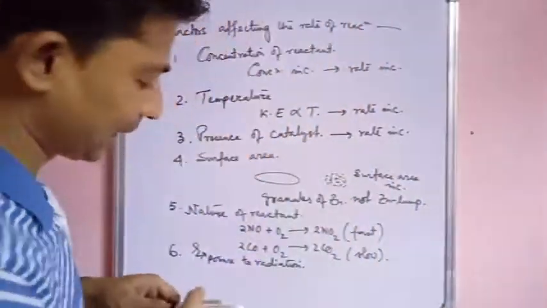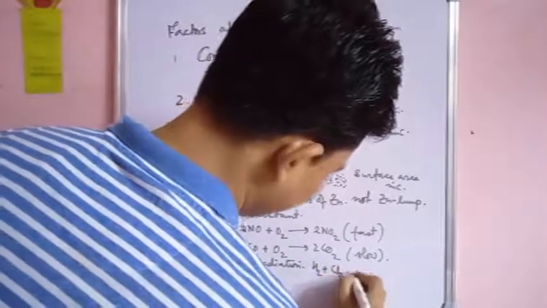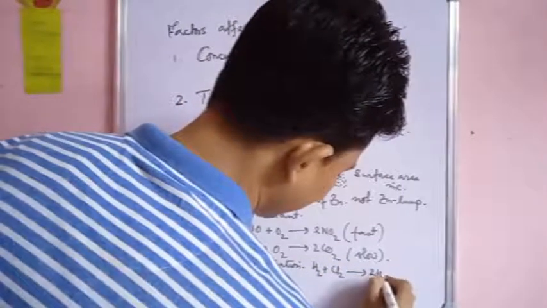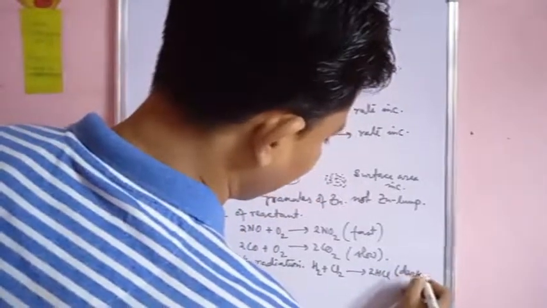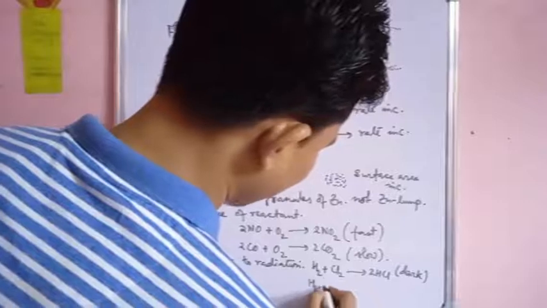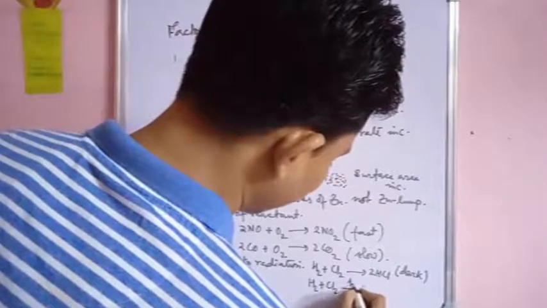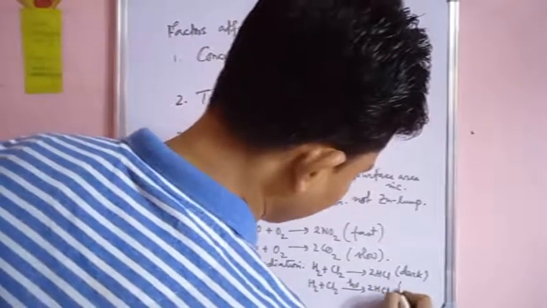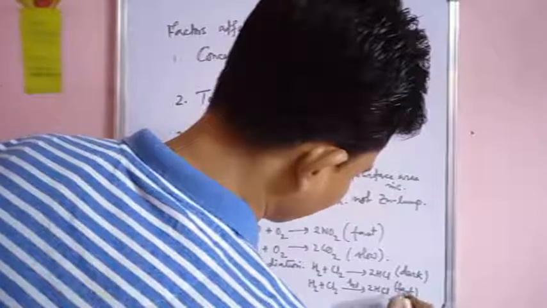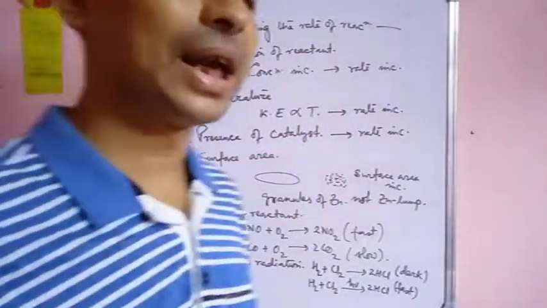So if we prepare hydrogen chloride, that is 2HCl, in the dark, and another one is the same reaction in presence of UV light, h nu, this reaction will be fast, because in the dark the reaction will get slower.